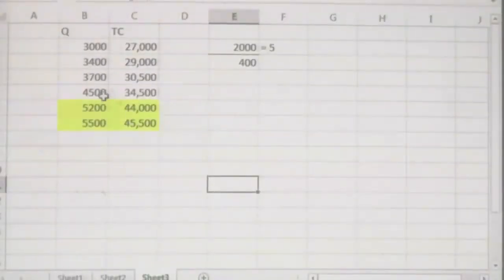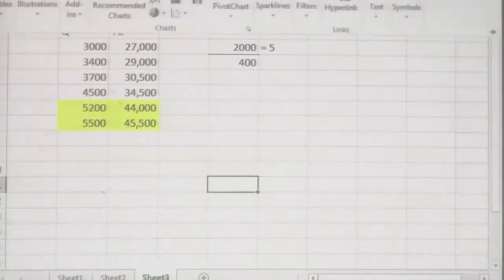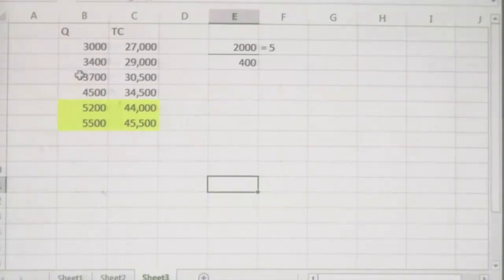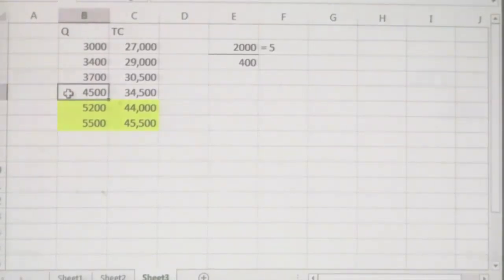Now, they clearly mention when the quantity increase from 4,500 to 5,200, right? When quantity increasing from 4,500 to 5,200, there is a step cost.